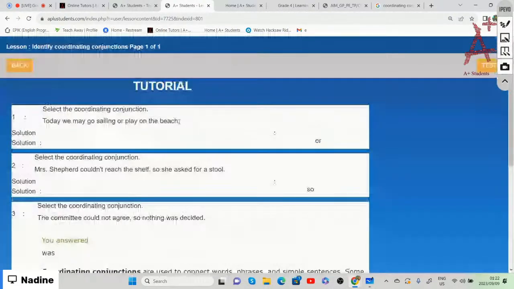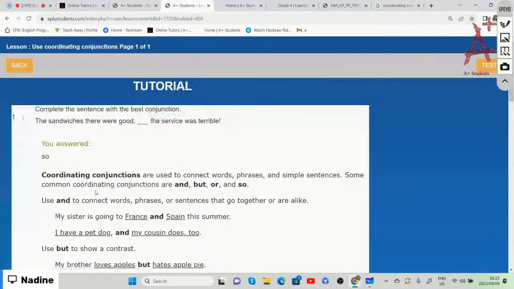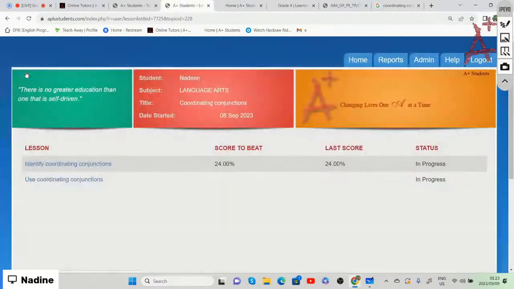But anyways, even here, if we select the coordinating conjunction, no, we already did that one. Let's go to the next one, which is to use coordinating conjunctions. Apologies for that. We have identified, even in a form of a test that we did, the coordinating conjunctions.